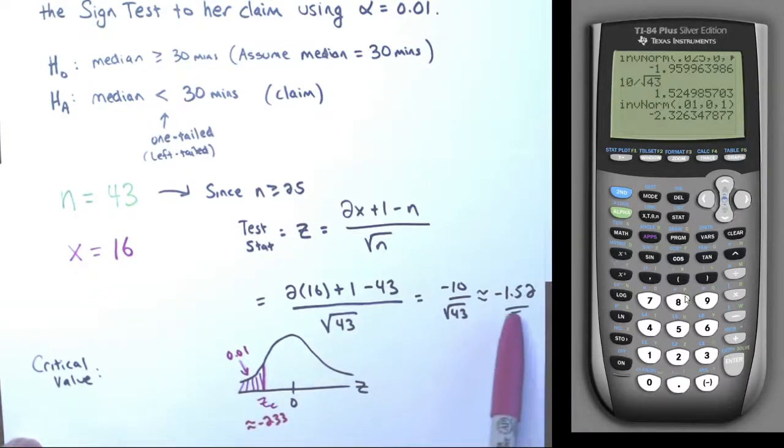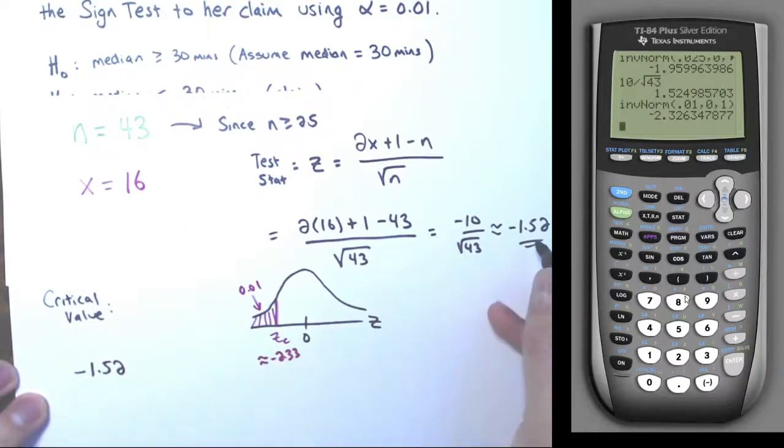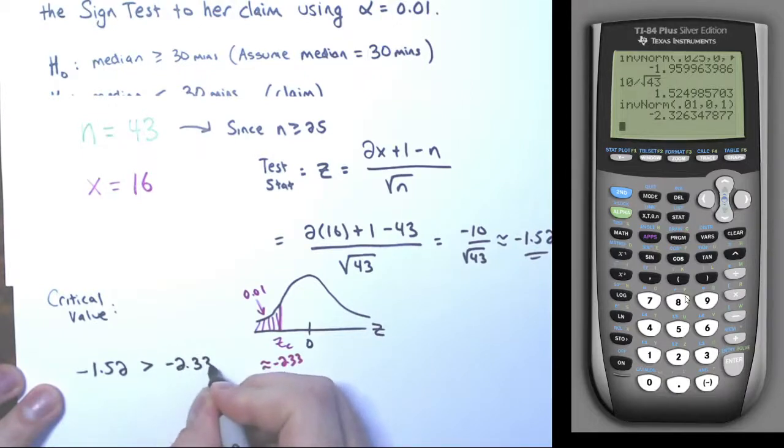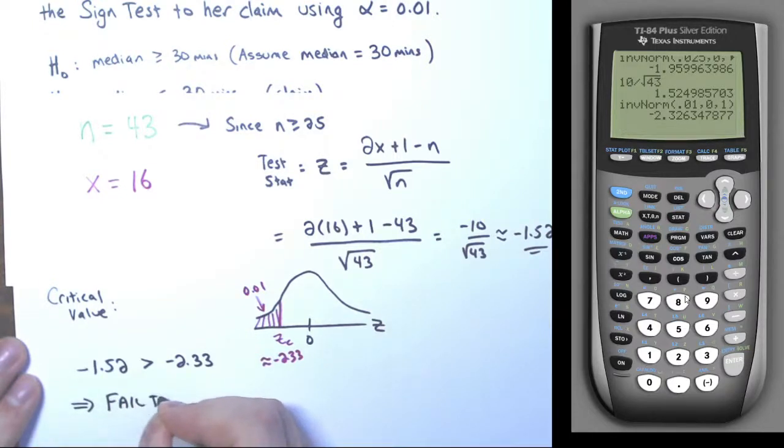And then comparing these two, negative 1.52, my test statistic, is greater than negative 2.33. It's not as negative, it's more to the right on the number line. And so my test statistic is not less than or equal. I'm not in the rejection region, so that means we fail to reject the null hypothesis.